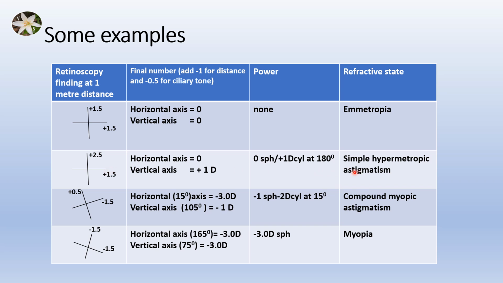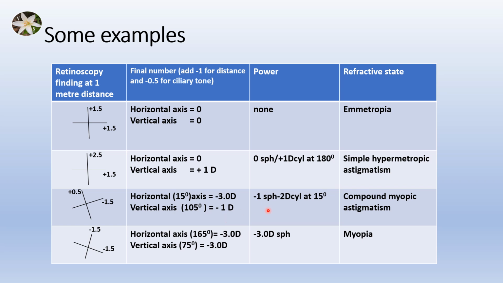So this is simple hypermetropic astigmatism. Similarly, here we have at the 15 degree axis 0 power, -3, -1.5, add -1.5, -3 diopter, and at this axis, which is about 105 degrees, +0.5, add -1.5, that is -1 diopter.